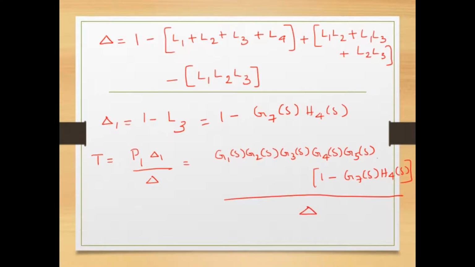What is delta here? Delta is what we have obtained earlier. Once we write delta as 1 minus L1 plus L2 plus L3 and so on, we have to substitute the entire loop gains L1, L2, L3, which we have already written. That will give the transfer function for that particular signal flow graph.